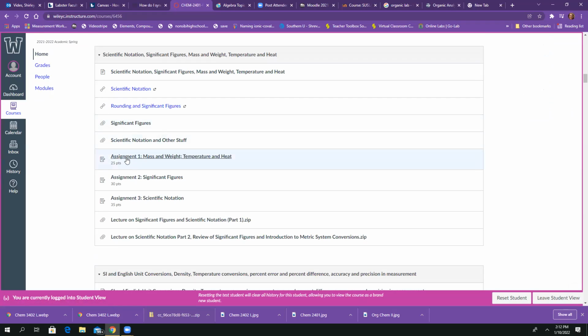But these right here, where it says assignment 1, 2, 3, those are your assignments. And this was a lecture that I had done before, but I'm going to get rid of that one and put the one as we do it, if it allows me, because a lot of the times it doesn't allow me to do long lectures like I usually do.